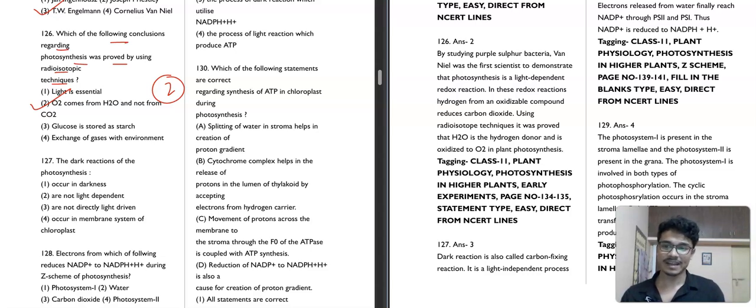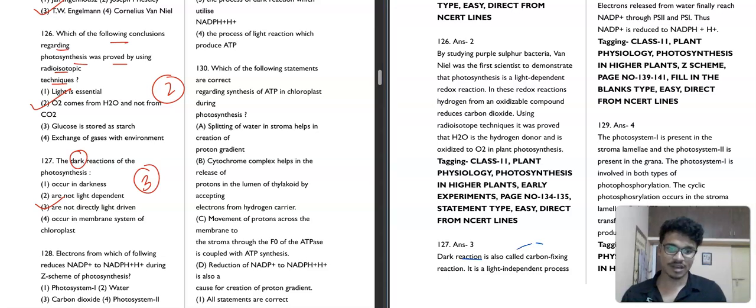Basically, dark reaction means the products of light reaction will be used here, but not directly. It is indirectly related, so it is saying are not directly light driven. Third option will be your correct answer.